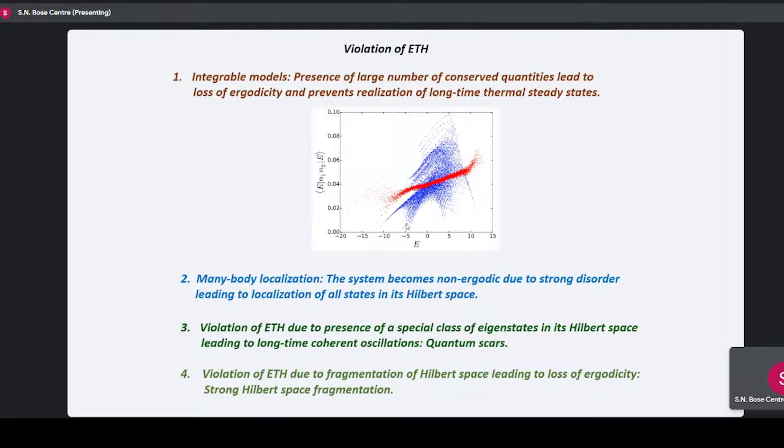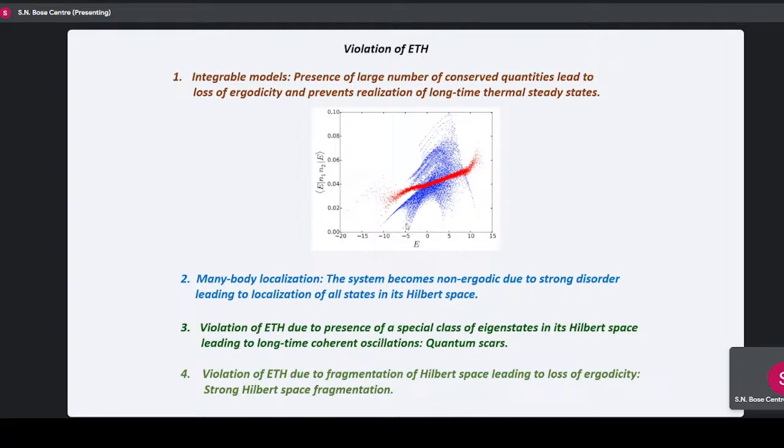And this leads to long-time coherent oscillations in the expectation value of an operator rather than a steady state value. And also due to fragmentation of Hilbert space, which can occur in constrained systems, which leads to loss of ergodicity.